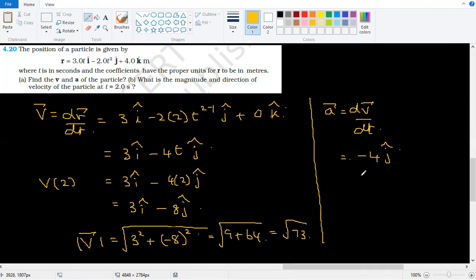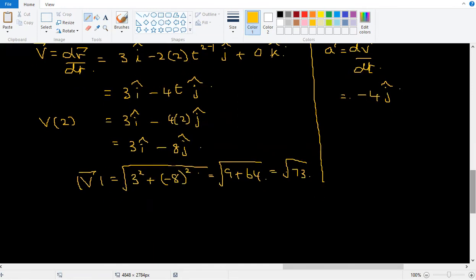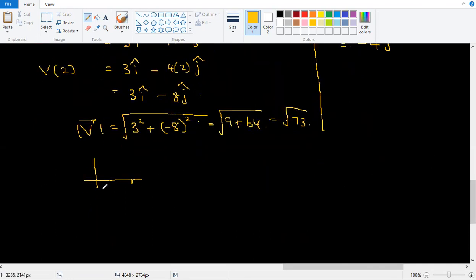Now, the magnitude and direction of the velocity of the particle at t equal to 2. Here I found the velocity magnitude, I didn't find the angle. So 3i is going to be somewhere here, minus 8j is going to be somewhere here. That means the resultant is going to be somewhere here.